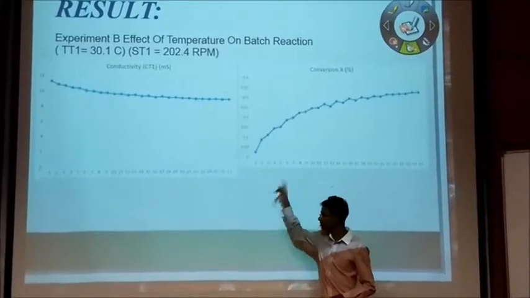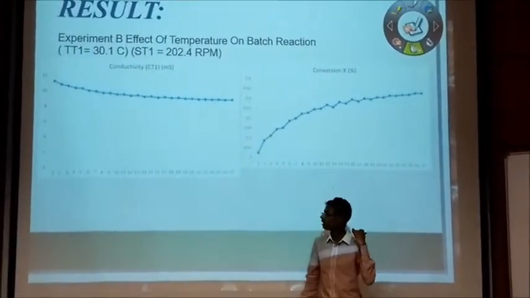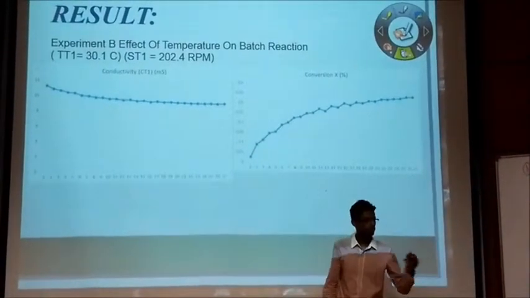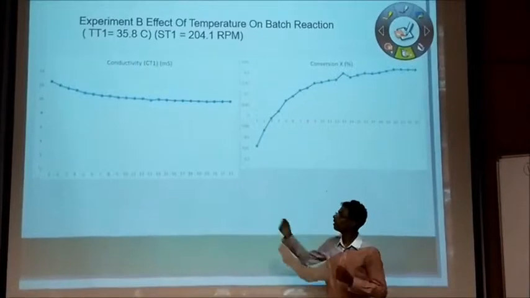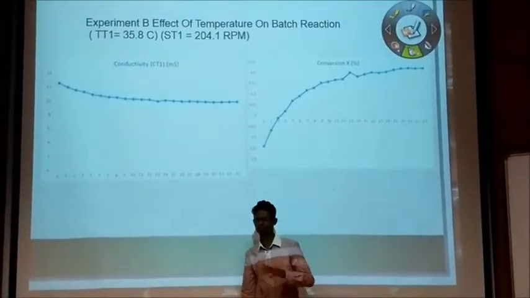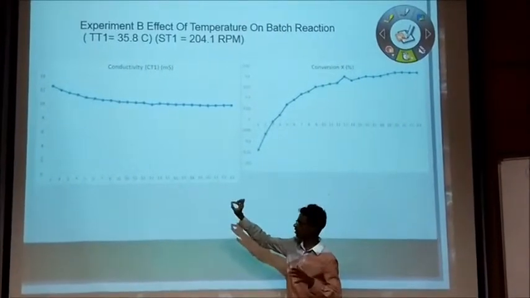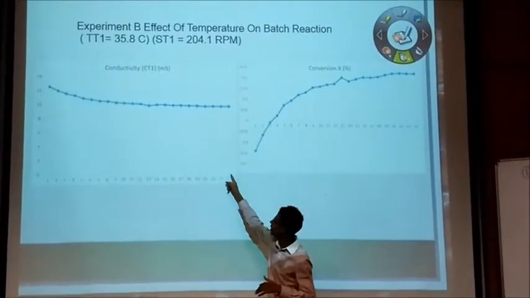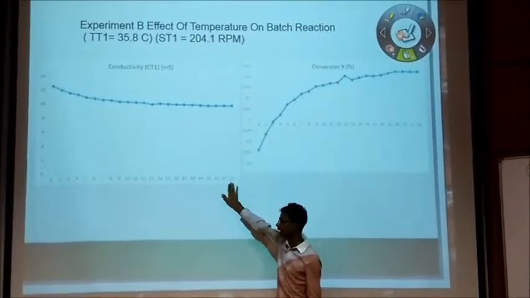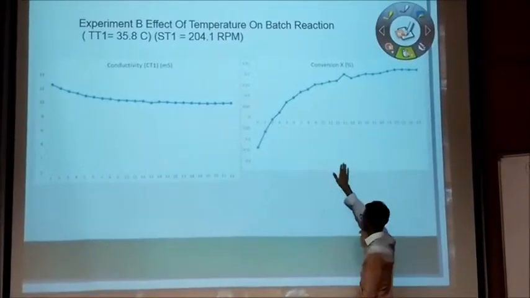But when we compare these values to a very higher temperature, which was about 55.8, let's see the result. This one, for conductivity, will have about the same behavior, which goes from the initial point until, but here's the difference, 23 minutes. That means it's a very shorter time. Same goes for conversion.